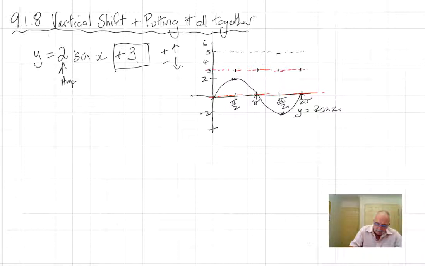It's going to be 5, and if you take 2 off there, we get back to 1. So there's my minimum value of the sine graph. Now I can actually plot. So this one goes up 3 units, this one goes up 3 units, and each of these points goes up to there.